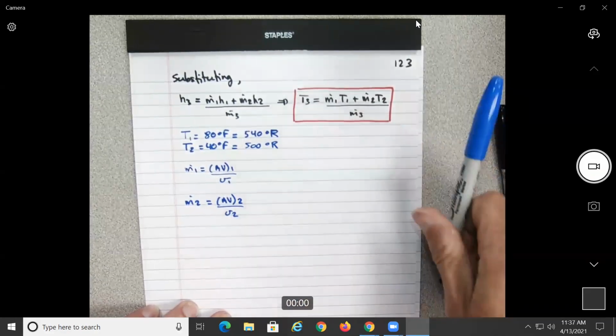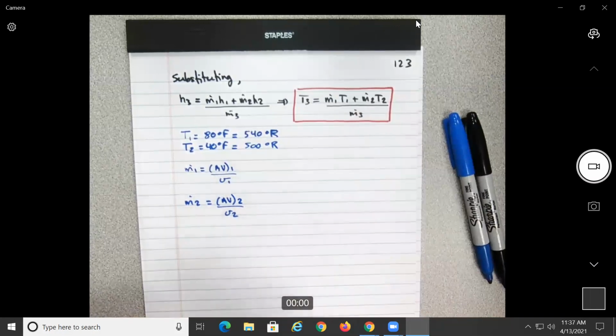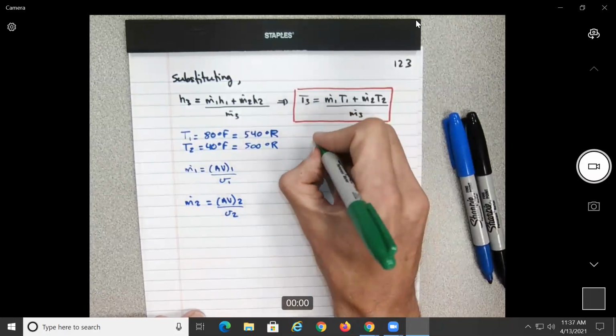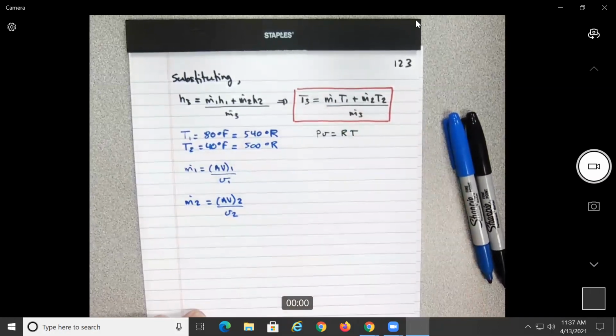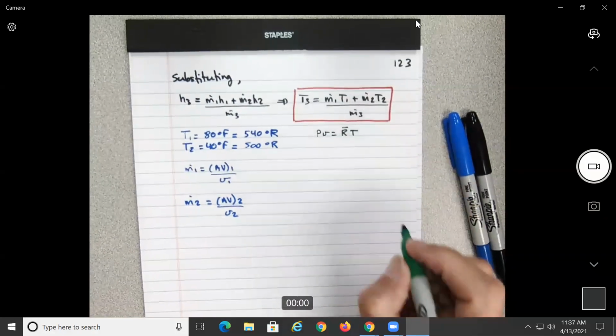We know the ideal gas relation. Here I'm going to need your help again. Is PV equal to R bar T or no R bar? Which one have we been using? Let's check if it shows up somewhere on the notes. R bar. Okay.